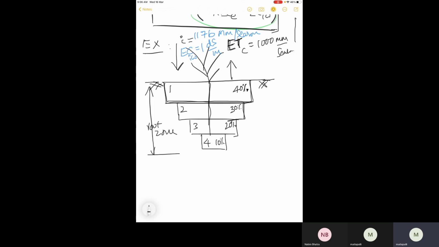So that is the question here. Considering the root zone as a whole, one layer, you find out what is the soil salinity, and then for each layer, the 4 quarters: layer 1, layer 2, layer 3, layer 4, what is the individual soil salinity? That's the question here. Okay, now the solution.